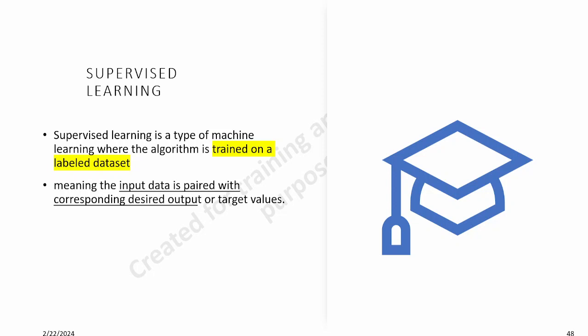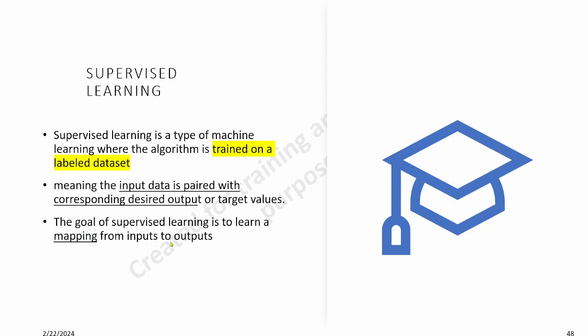This is how we have to manually label the data. That means each row has to be tagged with the desired label. The goal of supervised learning is to map the input to the label. The output is nothing but the label. Creating this mapping between the input and the output is called model learning.